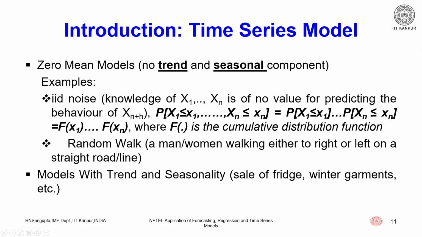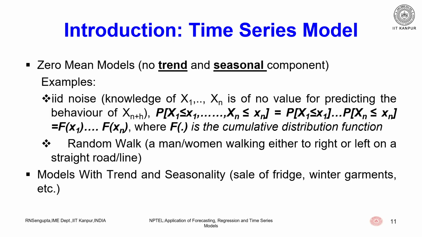Examples of zero mean models would be the IID noise, where the trend is zero and the joint distribution, the probability of X1 being less than small x1, which is the realized value, would all be independent, such that we can simply multiply the values of the distribution function individually for the univariate cases.